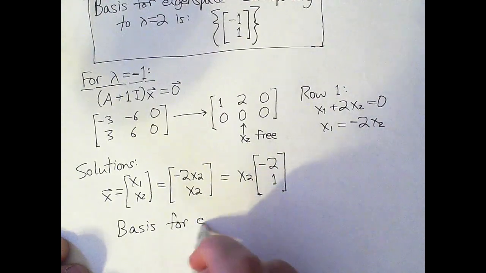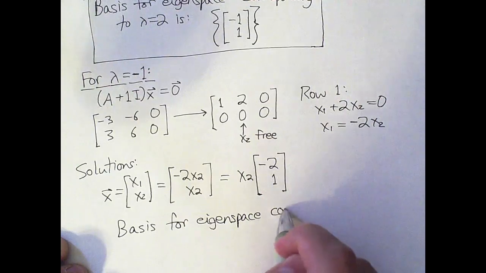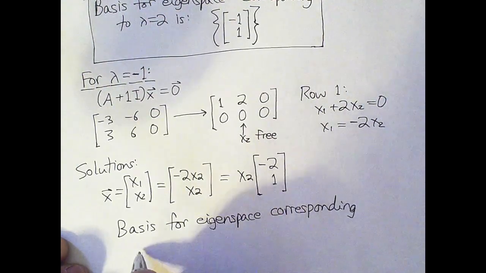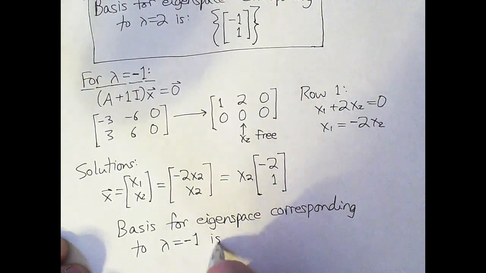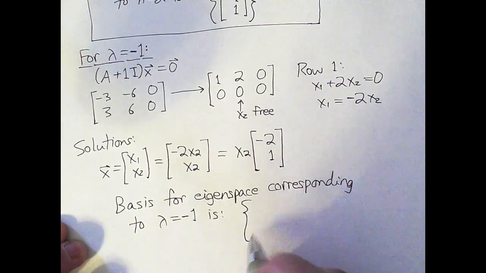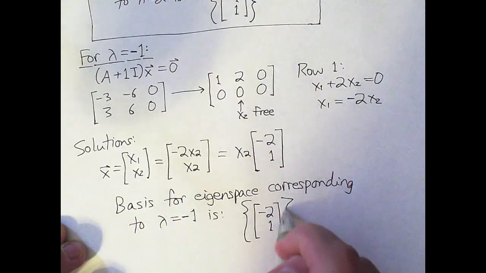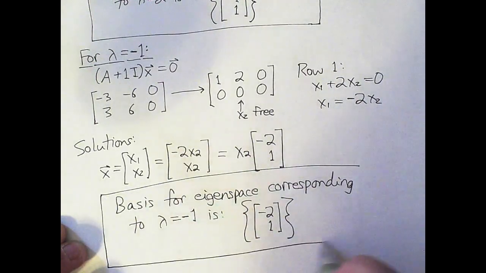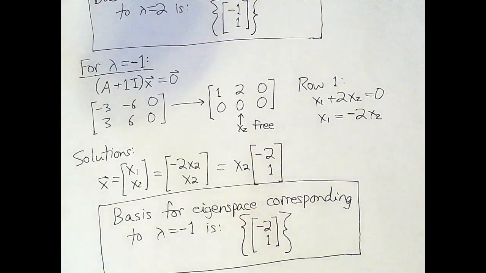A basis for the eigenspace corresponding to lambda equals -1 is the set containing that vector. So 2 eigenvalues, 2 eigenspaces. There we go.